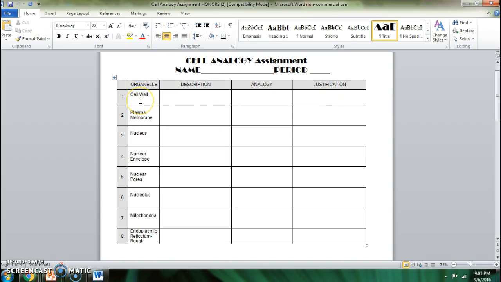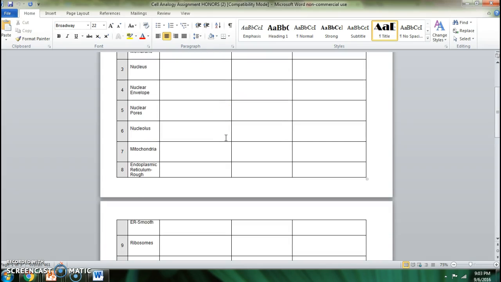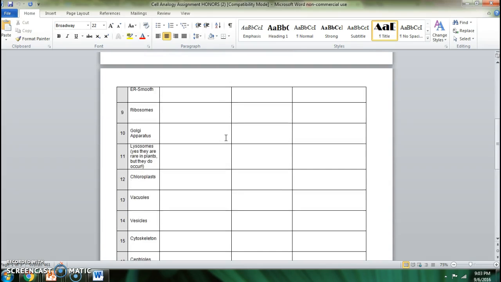So, for example, if we're talking about a plant cell, having a cell wall, maybe a fence around a city is going to represent that. So the analogy would be a city boundary or something where things are let in and out, or it helps define the city's boundaries. And then you would explain that here. So you're going to do that for all of these.